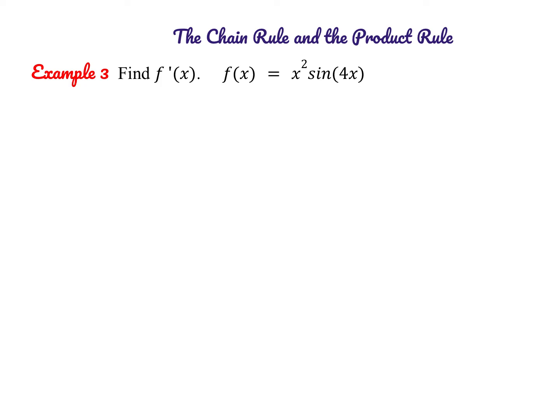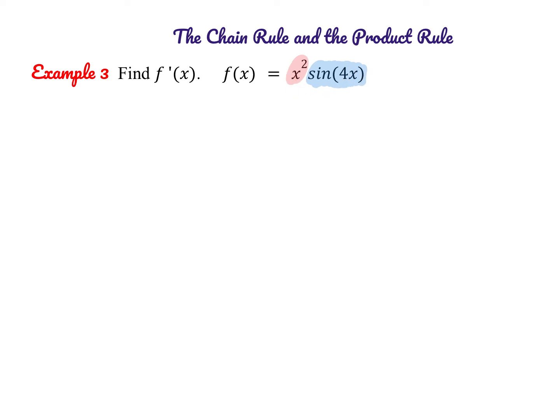All right, so now we're going to try to find a derivative of a function that will require both the chain rule and the product rule. So here you can see we have f of x equals x squared times the sine of 4x. So there are 2 portions of our function here. There's this function, x squared, and then we have sine of 4x. So it's the product of those 2 functions.